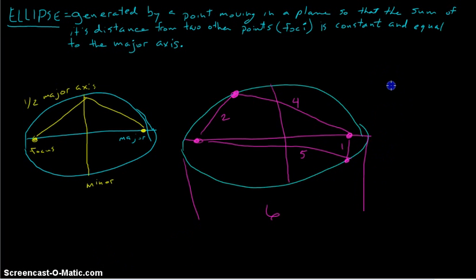So how do we find the area of an ellipse? Well, if this is A, our major axis, and our minor axis was, let's say, 4.